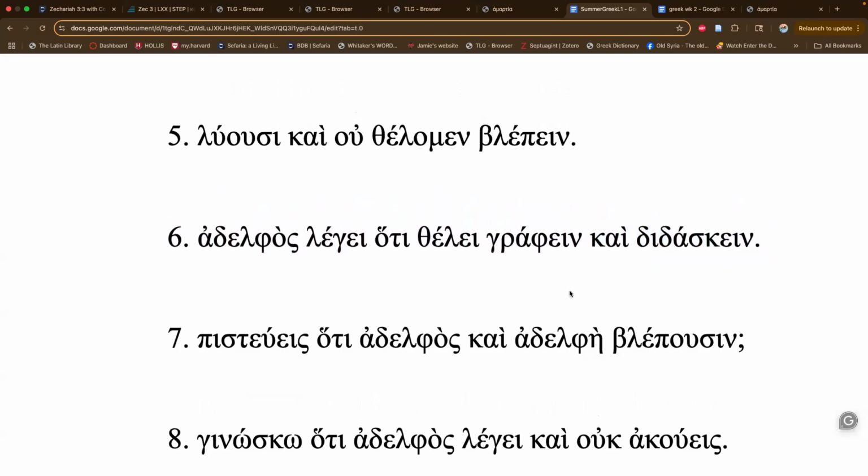But yeah, you're getting very close to putting it together. So we have Adelphos lege, so the brother says, because lege is the third person ending, so it's going to take a third person subject, which we have. So he wishes. Written and thought. They're both infinitives. So the brother says that he wishes, and then the way that we're going to form these is when we have thelo plus the infinitives, he wishes to blank and to blank. To write, to teach. Exactly.